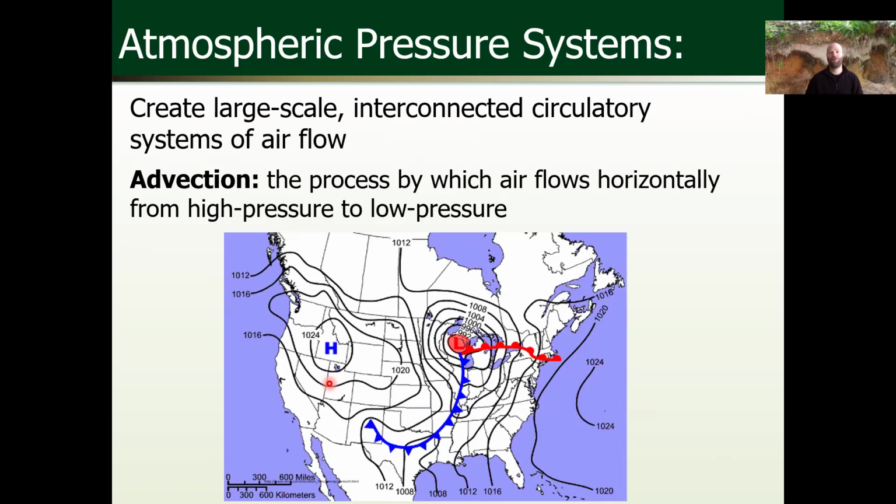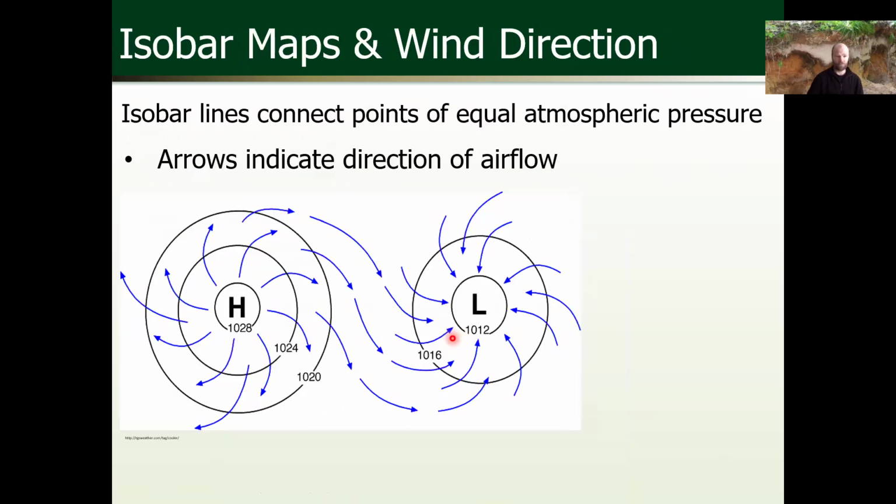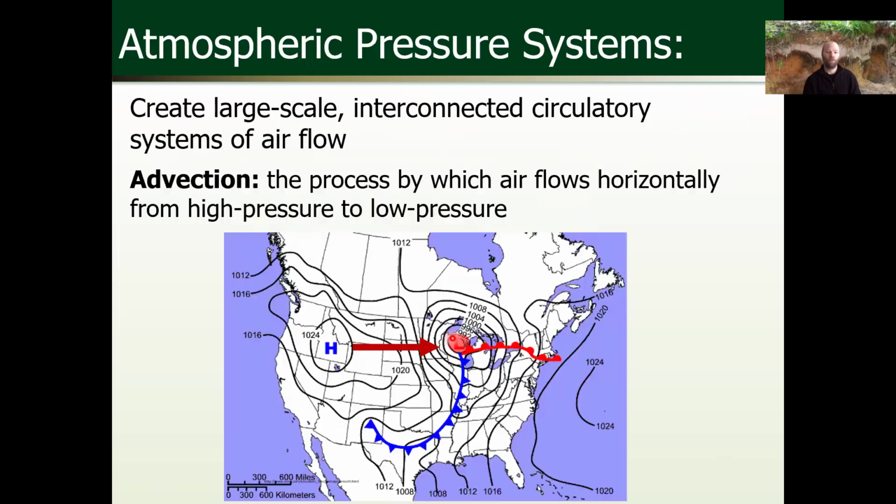And so we'll explore more what happens to wind as it interacts with Earth's surface and various other factors. But ultimately, via advection, air masses move from high pressure to low pressure, generally speaking, across a continental scale. So it is important to appreciate that this is a continental scale perspective.